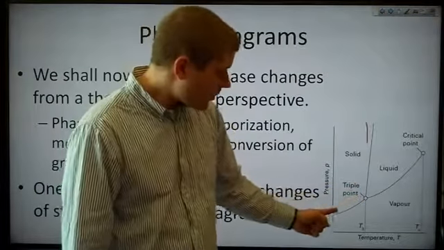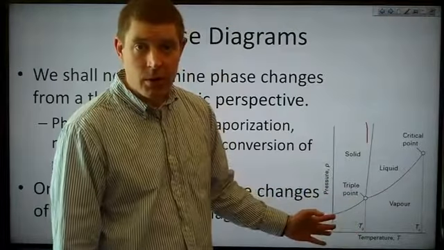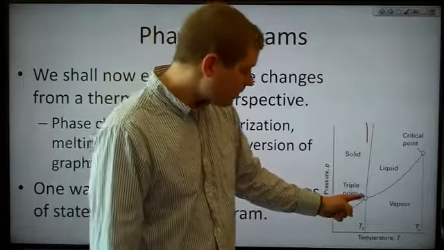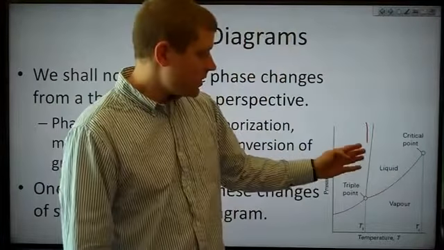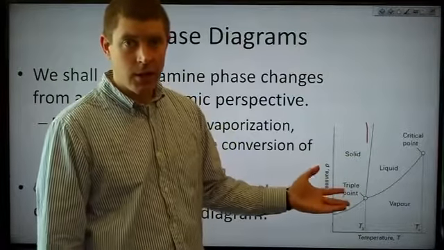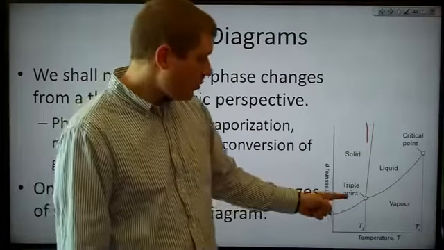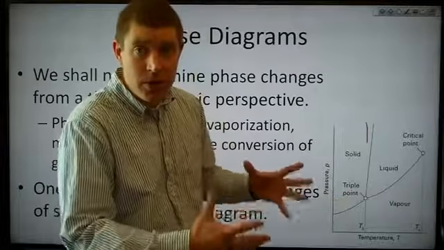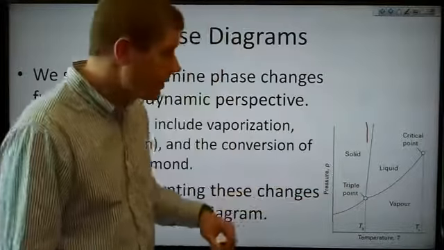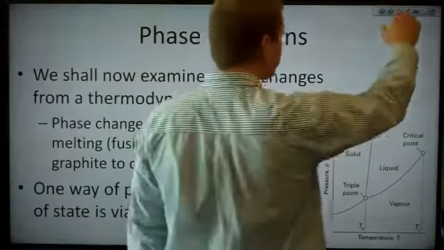This line represents the solid-vapor equilibrium line, so that's the sublimation line. This line is the melting curve. And this curve is the equilibrium between liquid and gas phase, so that's the vaporization curve. Know that there's one point, the triple point, where all three phases can come together. We'll look into these some more in the future.